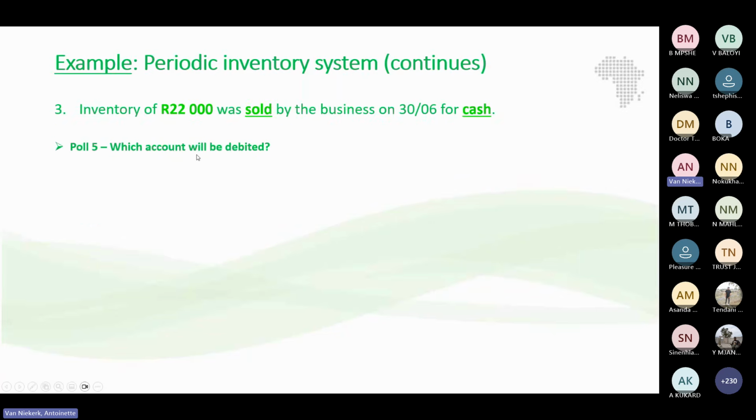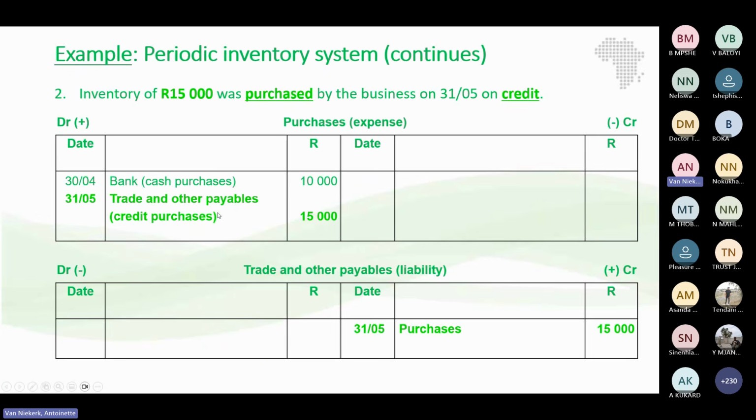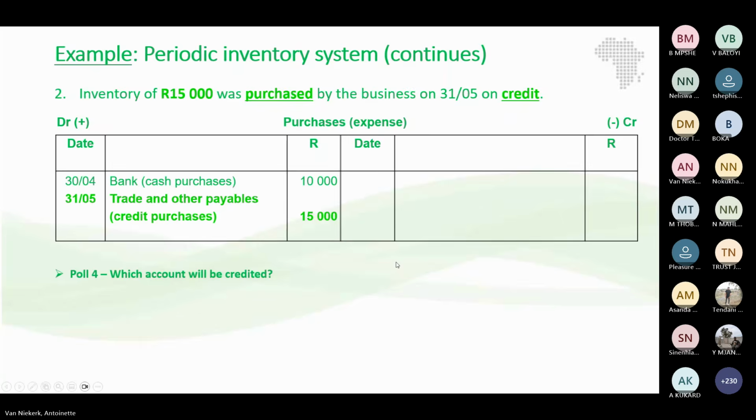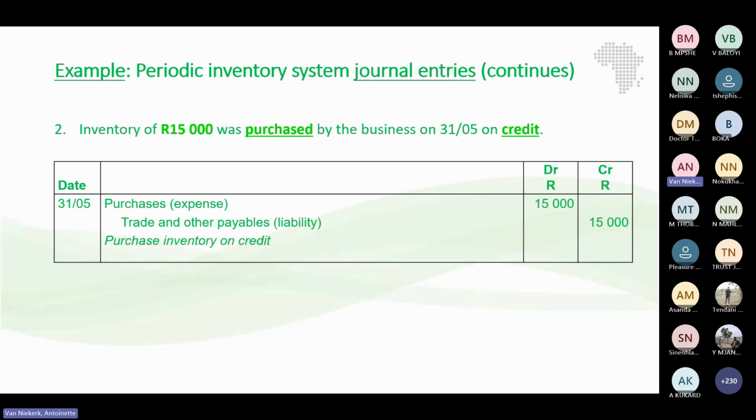Okay, and now we know the account that is credited was your trade and other payables. Apologies. Yeah, here it is. Trade and other payables was credited. And again, just a narration at the bottom, purchase inventory on credit.